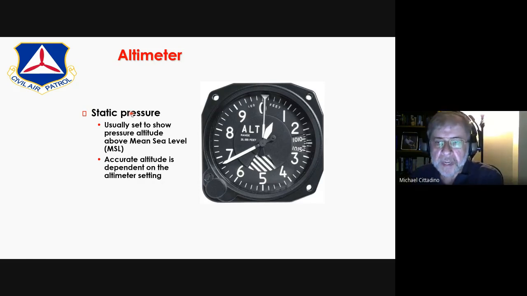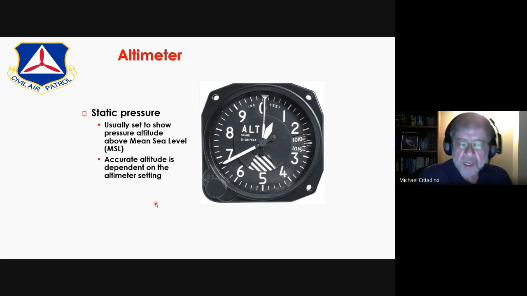Because pressure is different in different locations, the pilot is able to adjust this instrument, which you can see in this small window, to reflect the barometric pressure at sea level at a given location. That keeps the instrument running accurately.